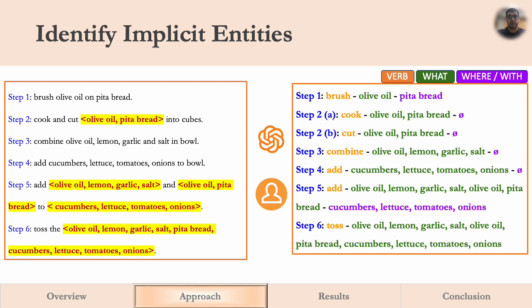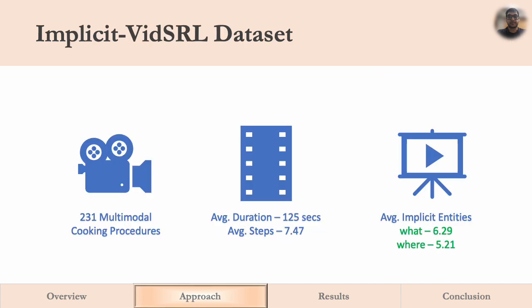Finally, the human annotator refines the noisy predictions from GPT-4o and creates our new benchmark. We name the benchmark Implicit-SRL, that is, multimodal cooking procedure videos with implicit information structured in the semantic role label framework. More information about the dataset statistics and annotation scheme is available in our paper.